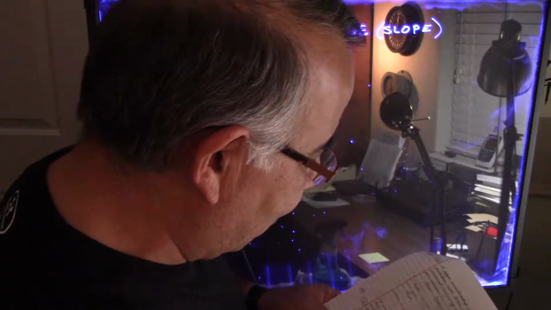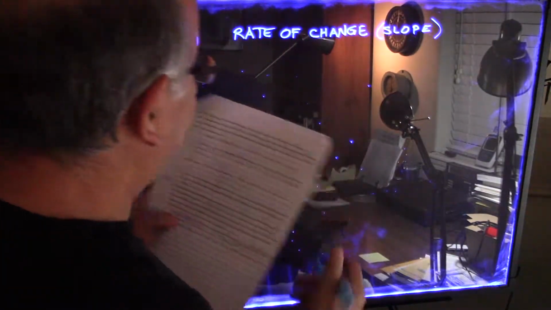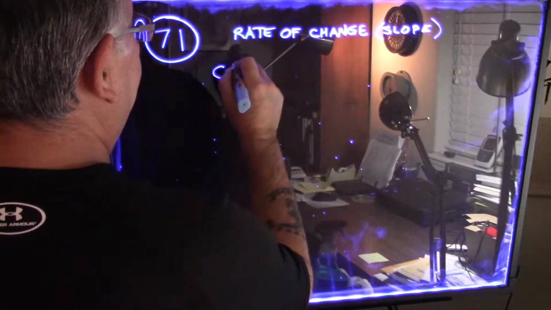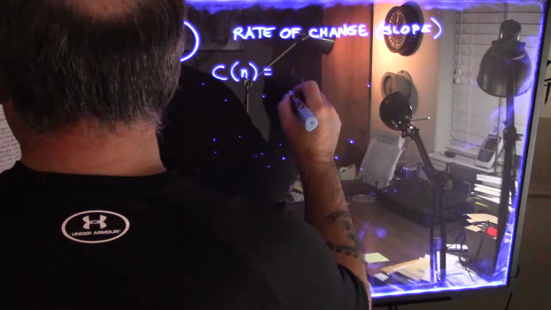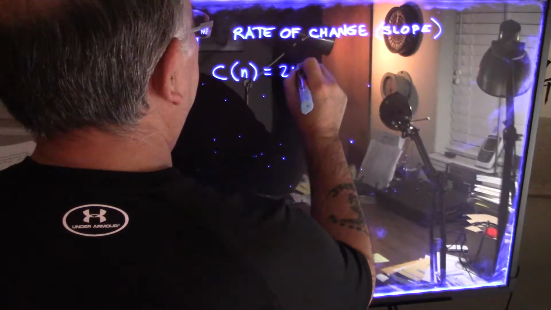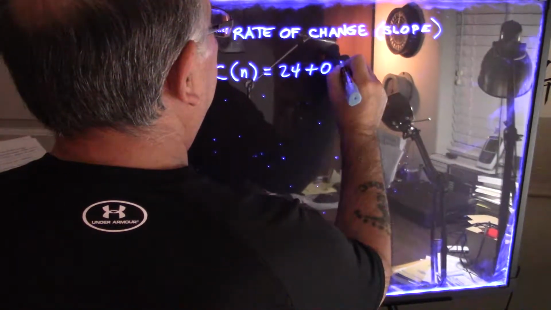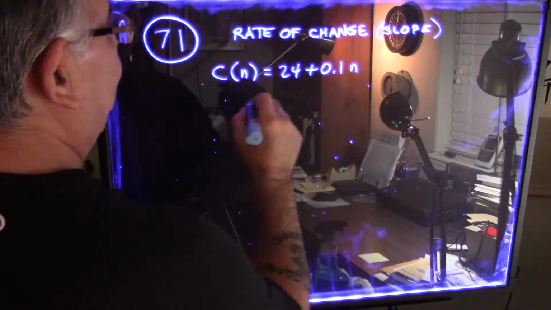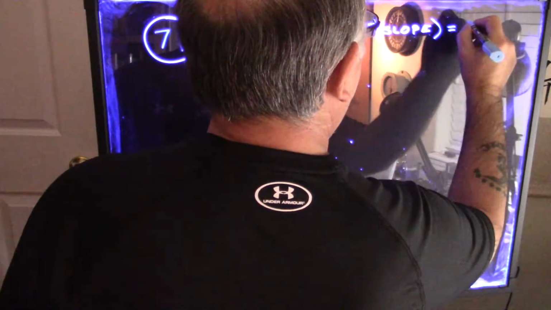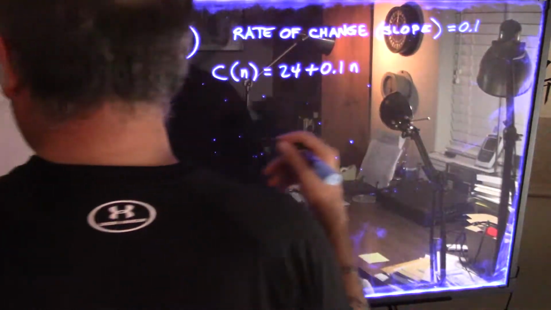Okay, so the slope on this, well, let me write the function here. C of n equals 24 plus 0.1n. The slope is right next to the variable, so it's 0.1, or 1/10.